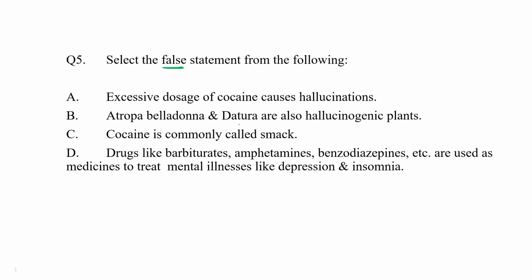Atropa belladonna and datura both have hallucinogenic properties, so this one is again a correct statement. While for excessive doses of cocaine causing hallucination, no, this one is not the correct statement. Rather, all three B, C, and D are the correct statements. So choice A would be the false statement. Okay.